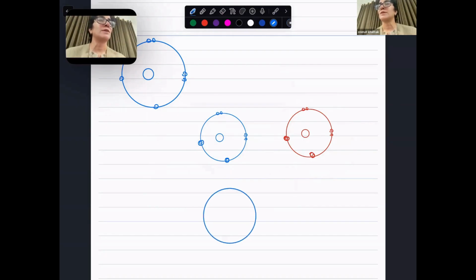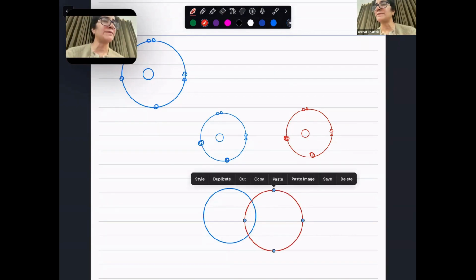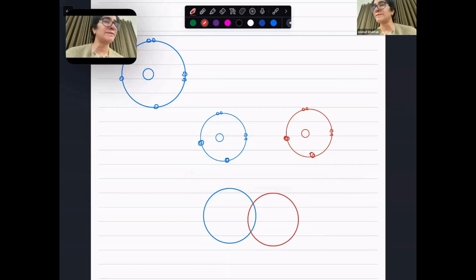This is another oxygen, the red one. Each has 6 electrons in group 6, and they will share 2.